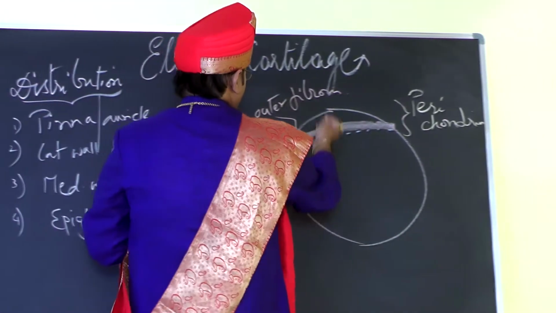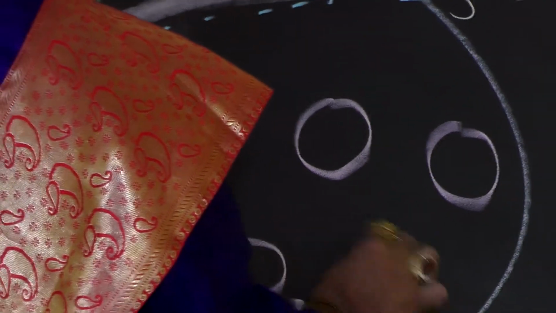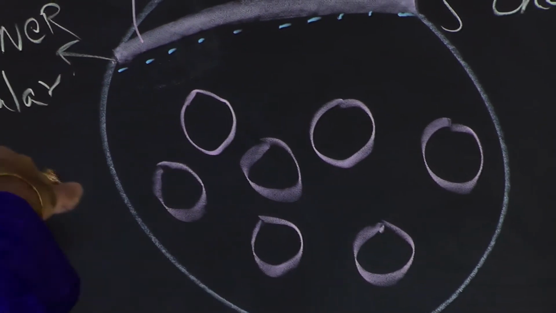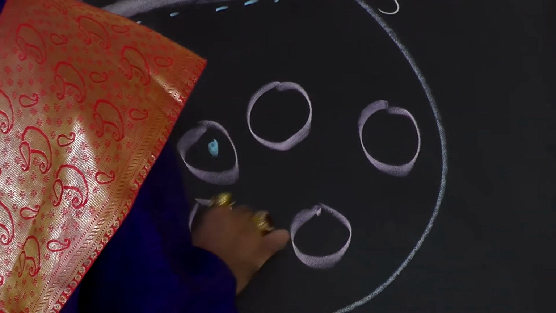If you look deeper to this perichondrium, you have the chondrocytes. The chondrocytes here in the elastic cartilage are much larger in size, and the nucleus is also large.